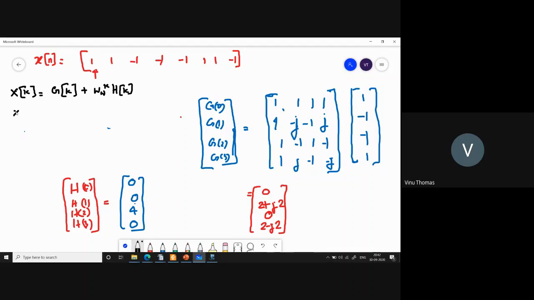And x of k plus n by 2 is equal to g of k minus w raised to k into h of k, right? So let us use these equations. Now tell me what is the value of x of 0. X of 0 would be 0, right? What is x of 1?